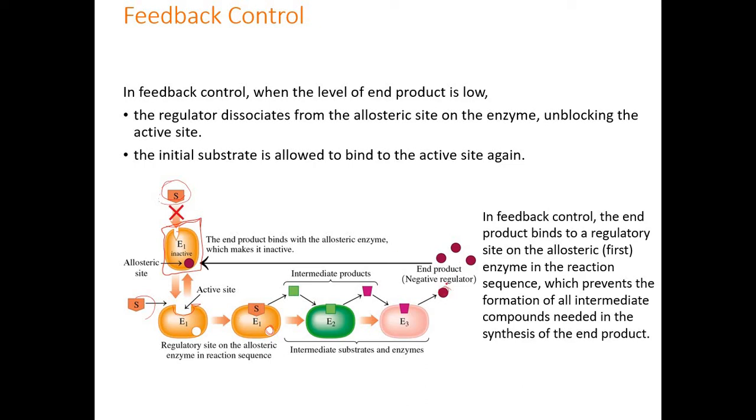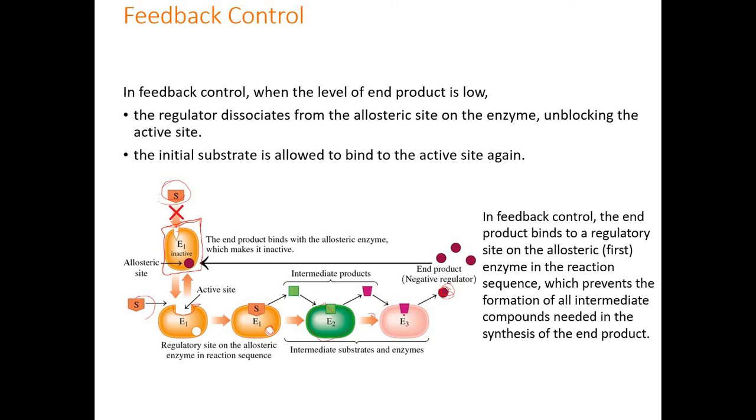this negative regulator. Okay, so the negative regulator has formed. So we have the enzyme, right? And then the substrate binds here. This is the active site. The substrate binds to the active site, and then it forms an intermediate, and then the intermediate will bind here.